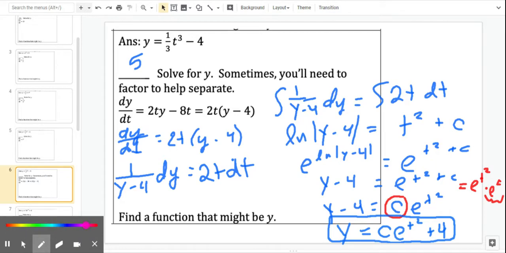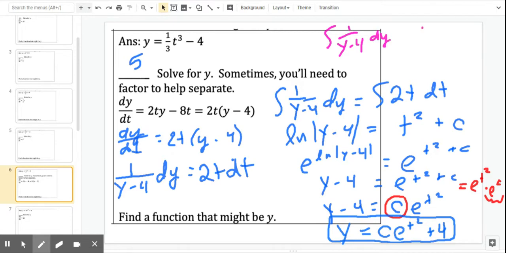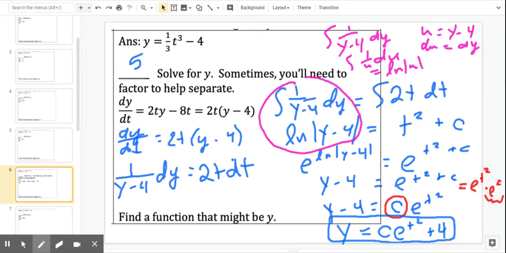So if we have the integral of 1 over y minus 4 dy, let u equal y minus 4, du is dy, and then you're left with the integral of 1 over u du, which is natural log of the absolute value of u, which is where this comes from. So that's just a couple side notes to make a little more sense of that.